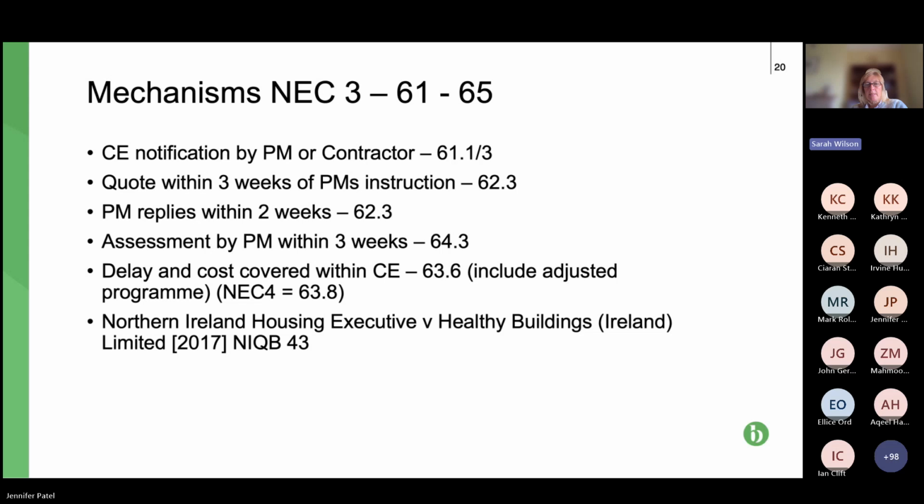So as we've already seen, delay and the cost of delay has to be included. So that's very, very quickly the NEC process, which, as I say, we covered in detail a couple of weeks ago.